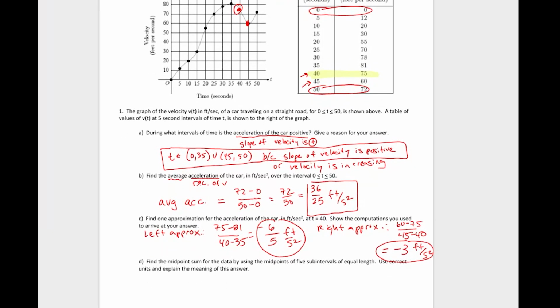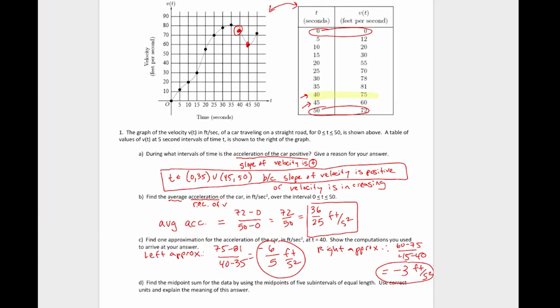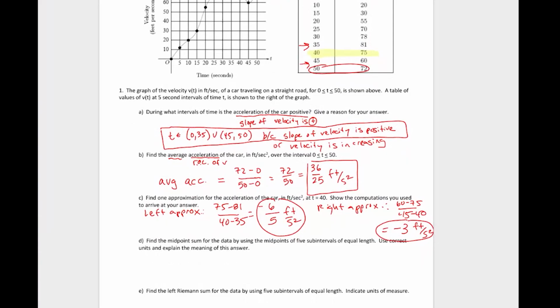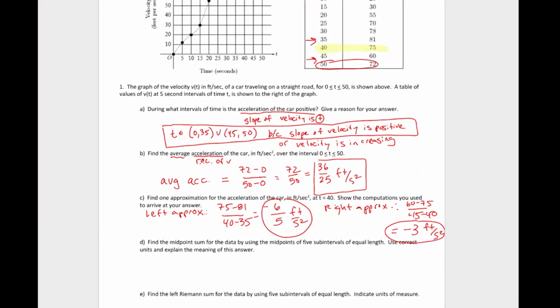And then I'm kind of running out of space here, but the symmetrical approximation would be the approximation if I were to use, instead of using 40, using 35. Oh, that's an ugly arrow. 35 and 45. So I'm kind of out of space here, but maybe I'll work it out to the side here.